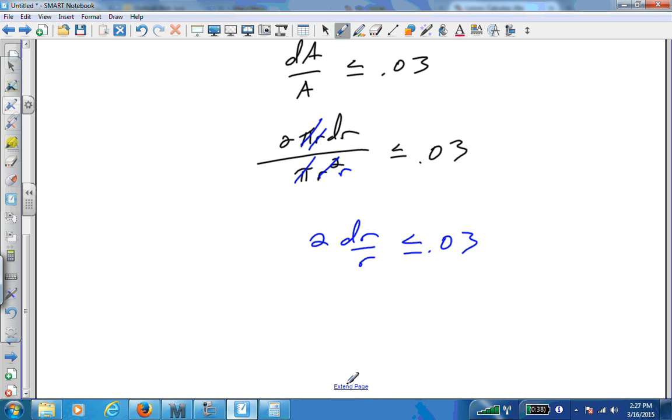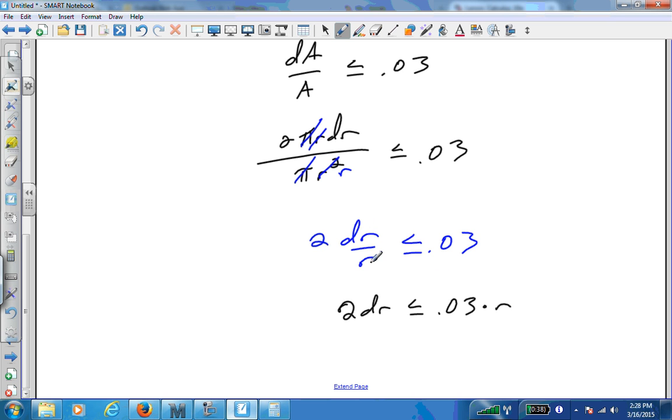So one thing we could figure out at this point is how the percent error in the area compares to the percent error in radius. Basically, if we were to divide by 2, the percent error in radius would have to be half the percent error in the area. But if we're wanting to find the allowable tolerance or error in measuring the radius, to get rid of this r, multiply both sides by r.